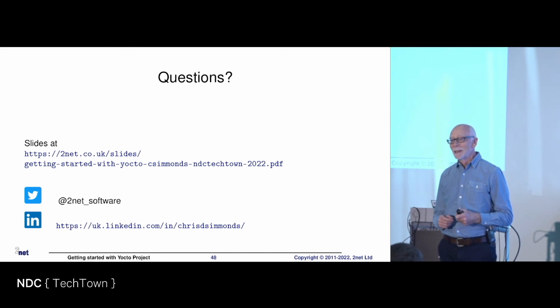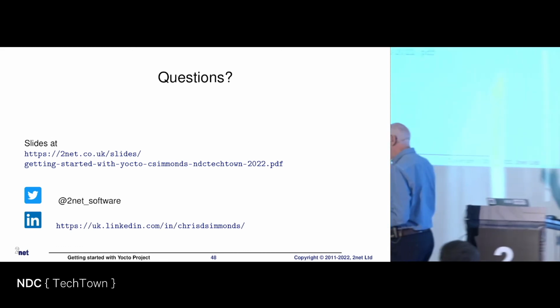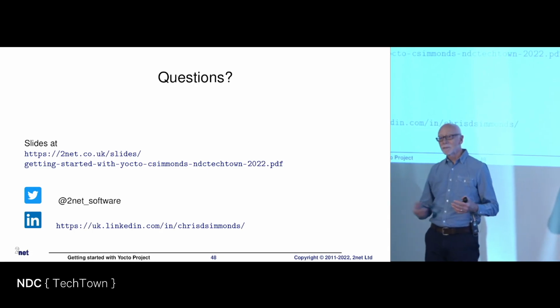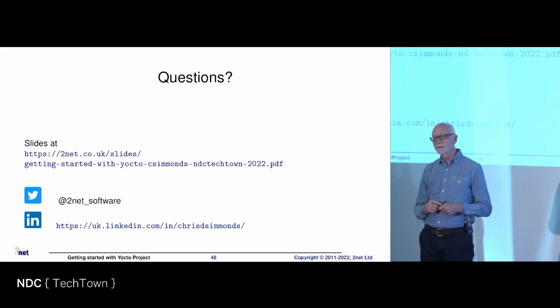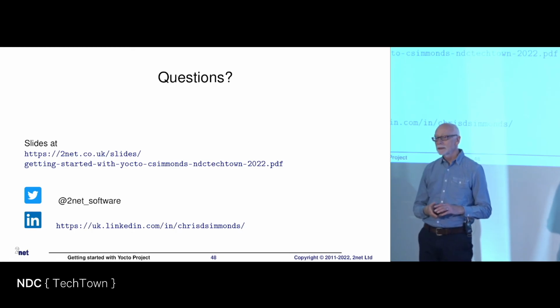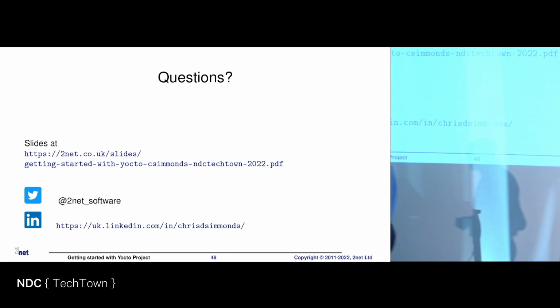Tricky question. So the question is, if the board support package I'm given has a vendor kernel in it, can I replace that with a mainline kernel? Not really. It all comes down to the board support package.